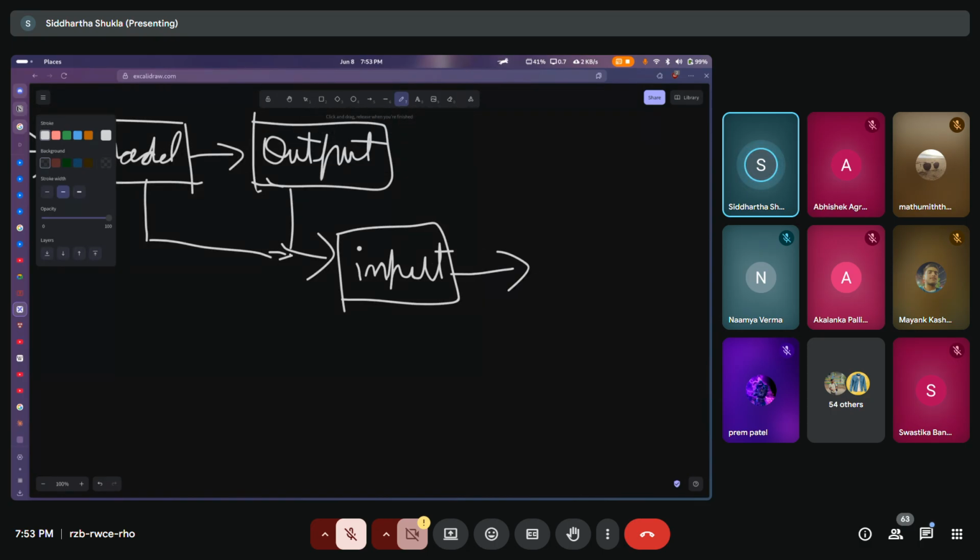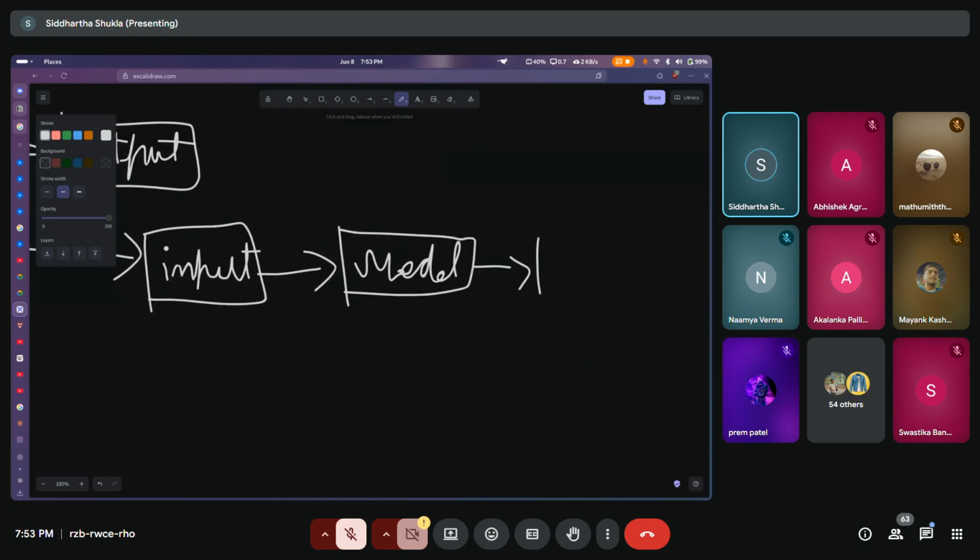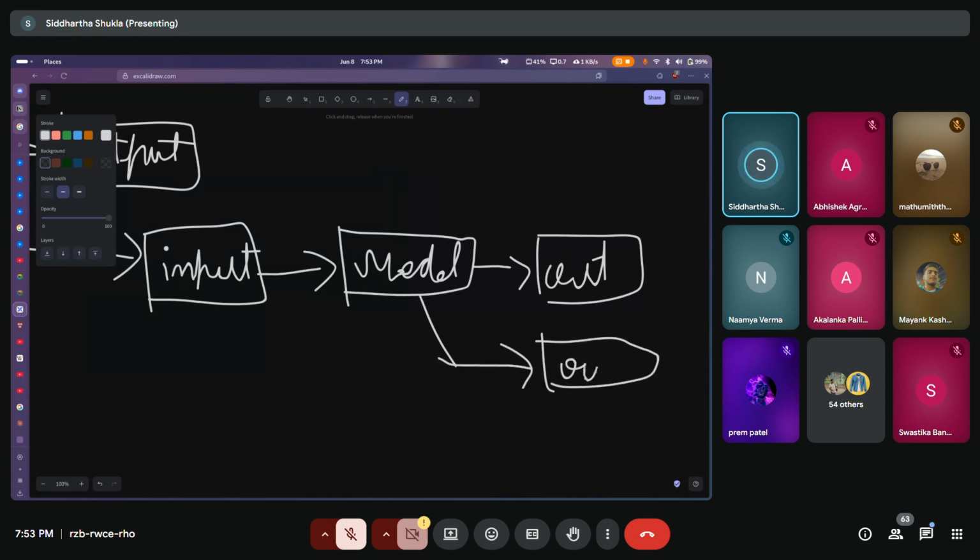And then this keeps on cycling. The input goes to the model again, and this again goes to the output, and it keeps leveraging this to get the output again and again.